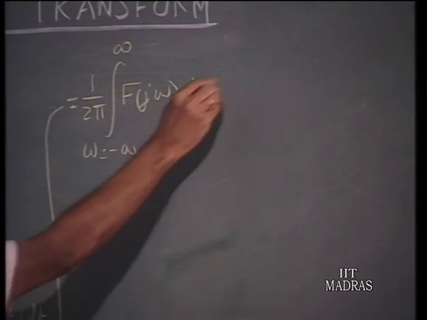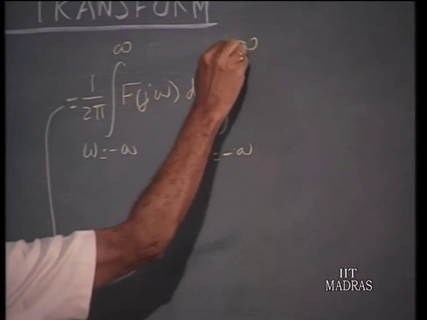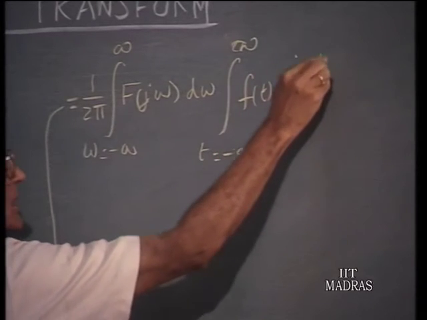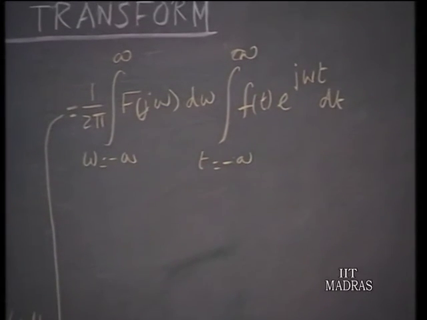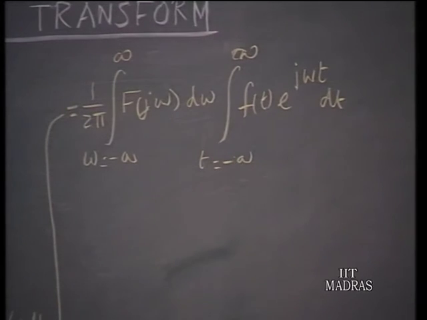So, in the time integration from t minus infinity to plus infinity, I have f of t e to the power of j omega t dt. Now, let us look at this. If it had been f of t e to the power of minus j omega t dt, it would have been straight away F of j omega.